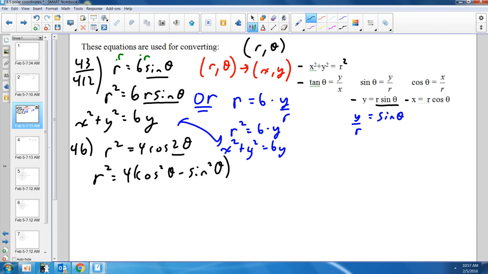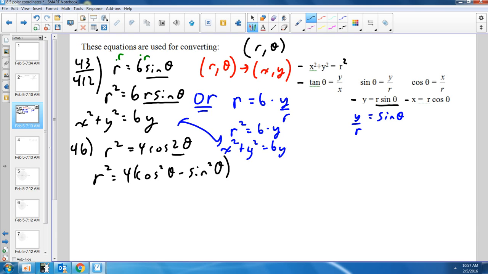In fact, I can't just put an r with it. I have to put an r squared with it. Why do you have to put an r squared? Because r cosine squared is not the same thing as r cosine. It has to be either an r squared cosine squared or just an r cosine.